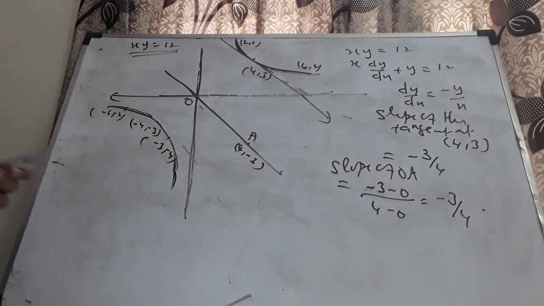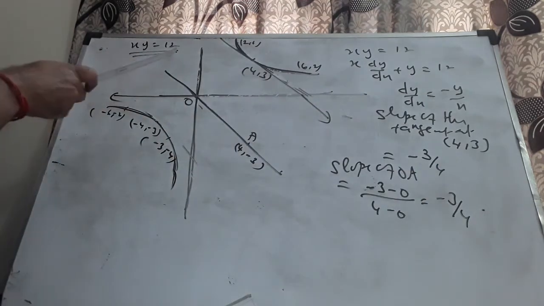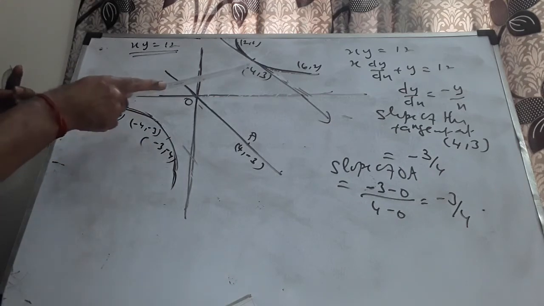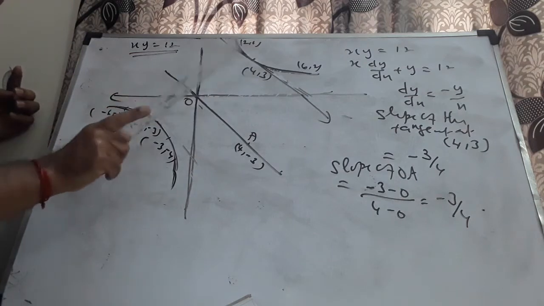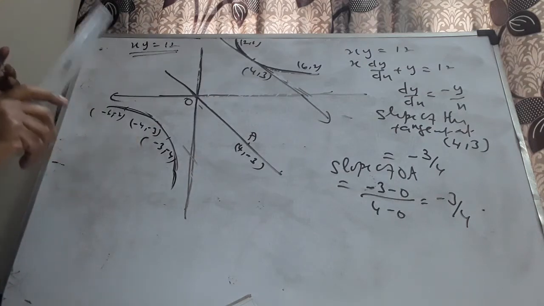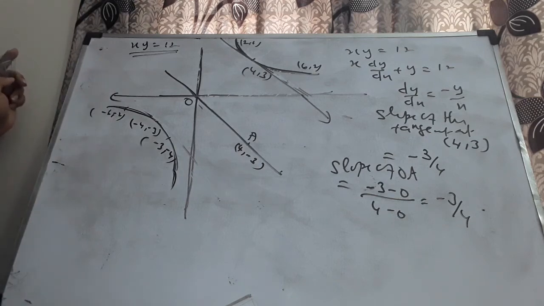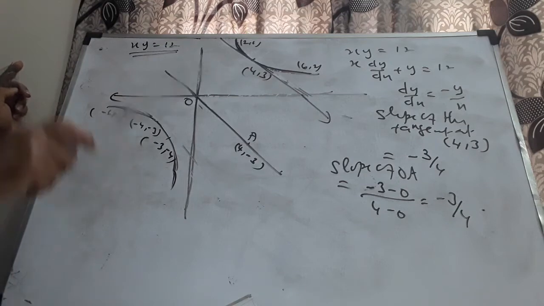The next activity is how to draw the tangent at the point (4, 3) to the curve xy equal to 12. In fact, this is a hyperbola. It passes through, let us say, (4, 3), (6, 2), (2, 6). I haven't plotted exactly. I'm just going to explain how you are going to draw the tangent. You can plot your points in your graph sheet and check on your own.